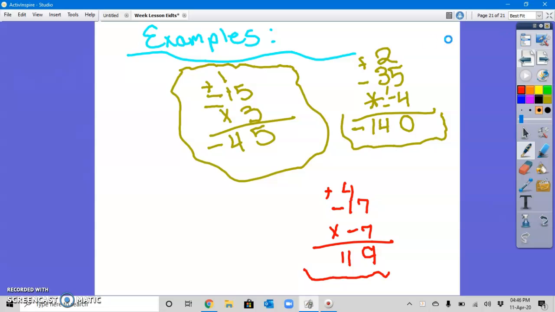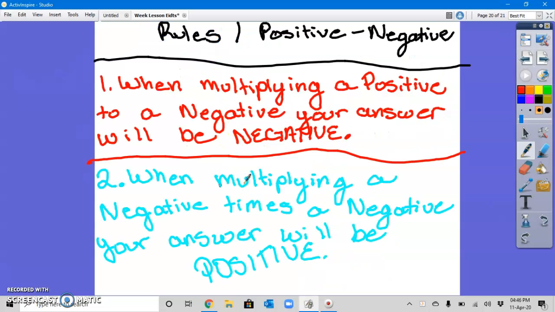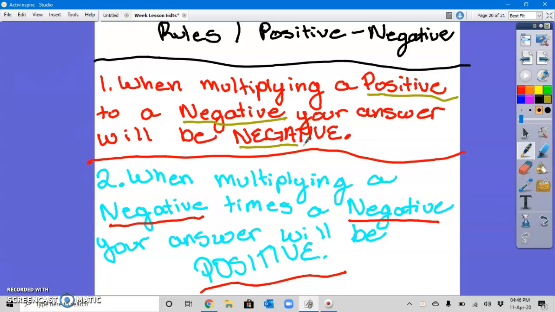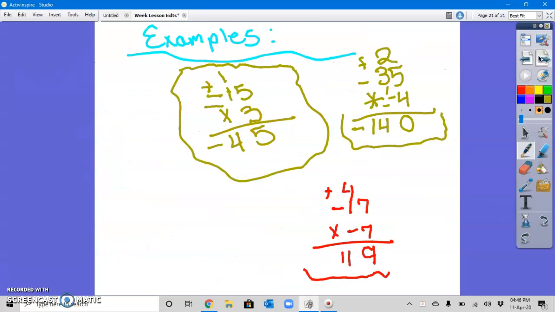Remember to check your rules. When multiplying a negative times a negative, your answer will be positive. And when you're multiplying a negative to a positive, your answer will be negative. If you have doubts, you can speak with your teacher about that. I will show you more examples.